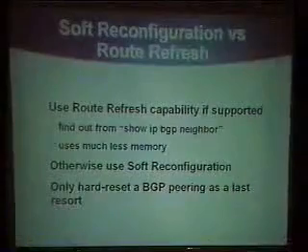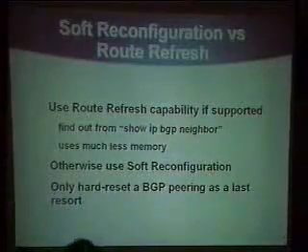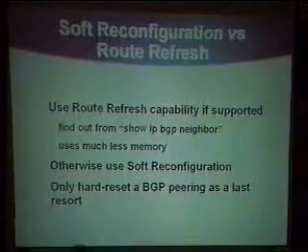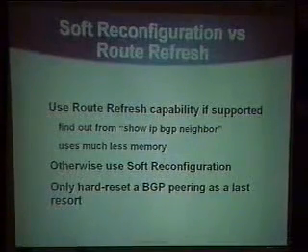And getting people, when they're resetting a BGP session, to not forget to use the in or the out command there. So, when to use soft reconfiguration, when to use route refresh? Always use route refresh. If the neighbor doesn't support the capability, then use soft reconfiguration. From looking around, about the only implementation that doesn't seem to support it is GateD, from what I see.